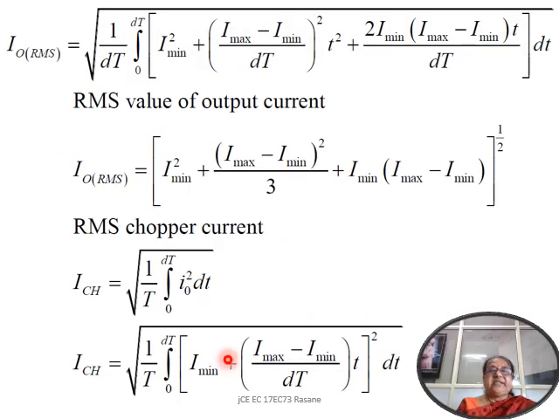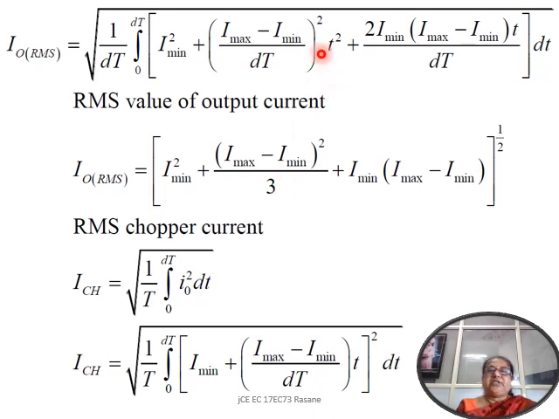So when we integrate it, we have this expression which I got from the previous slide. I naught RMS can be written as I minimum squared, integration of I minimum squared into dt, so this dt and this dt cancel out, plus I max minus I minimum upon dt. Now there is a t squared term, so this integration should be t cube by 3.